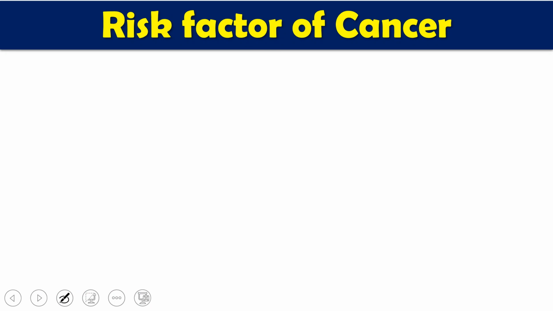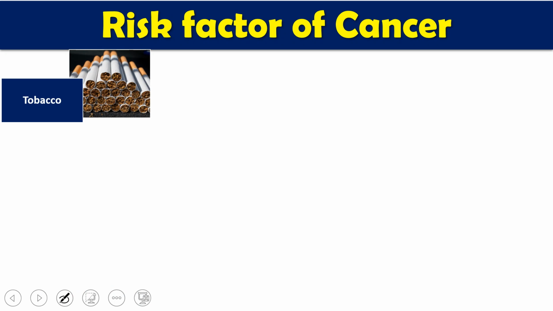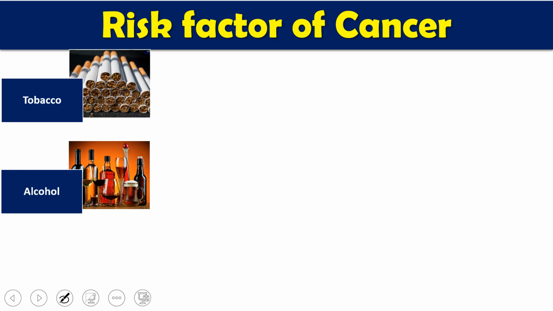Now, the risk factors: the different factors, either environmental or genetic, which increase the occurrence of cancer. The first is tobacco. Tobacco contains roughly 7,000 different chemicals. We are going to show you the picture also. Tobacco is the leading risk factor causing cancer.